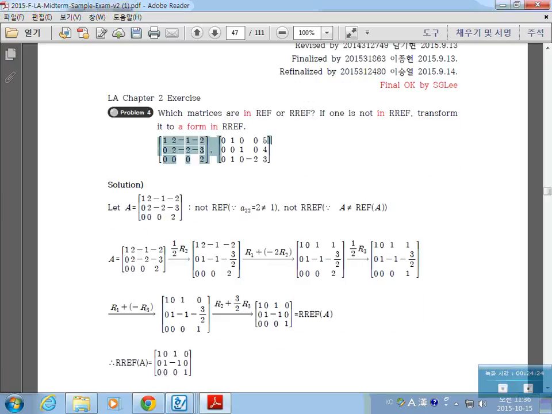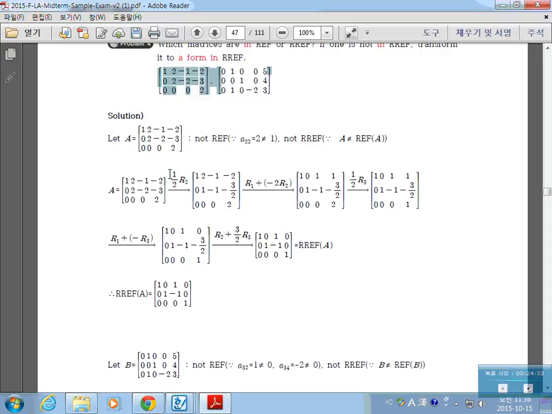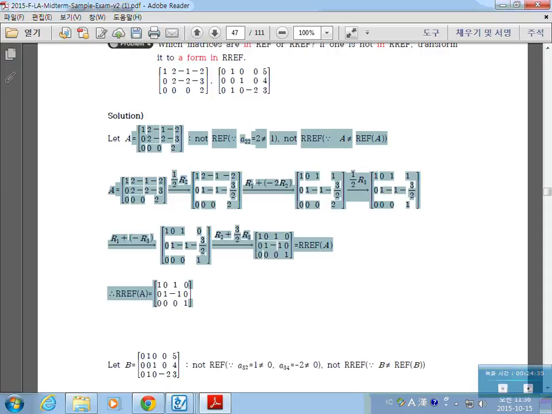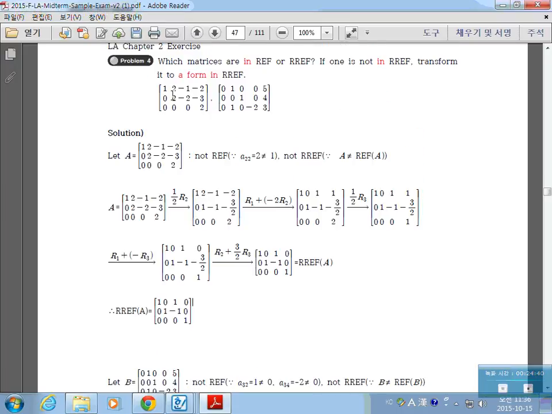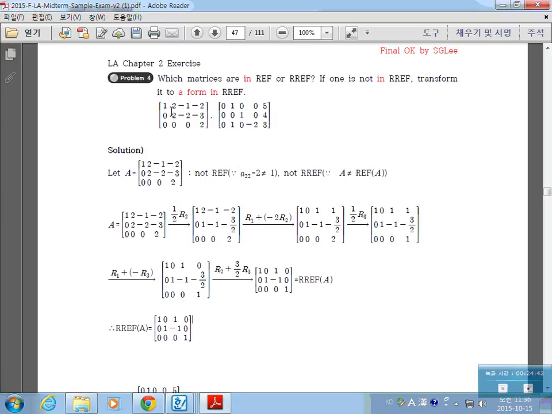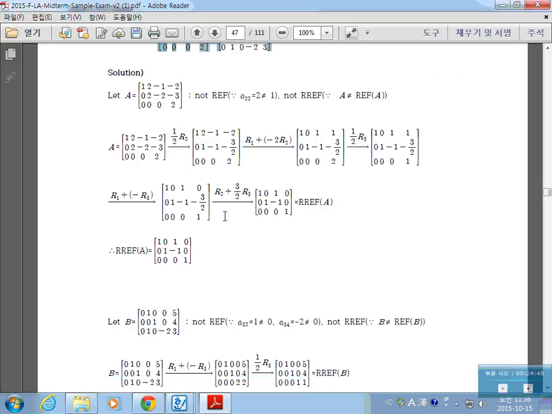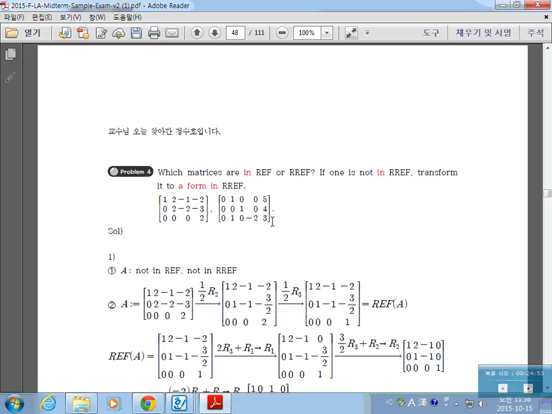You can check whether the given matrix is in REF form or RREF form or not by doing the Gaussian elimination. In this case, those two are clearly not in REF nor RREF. But after you do the Gaussian elimination, you can find REF and RREF.